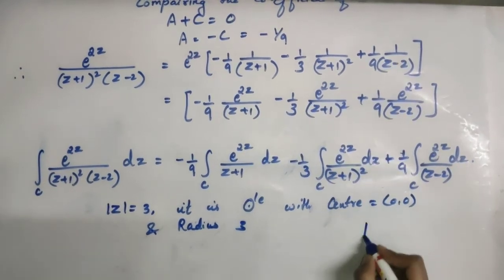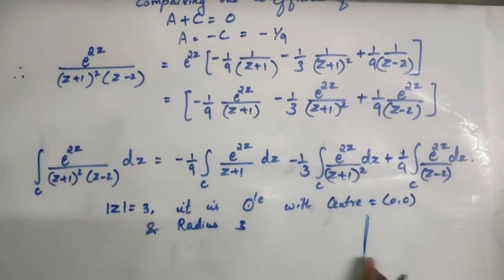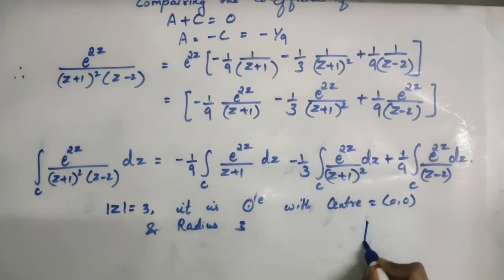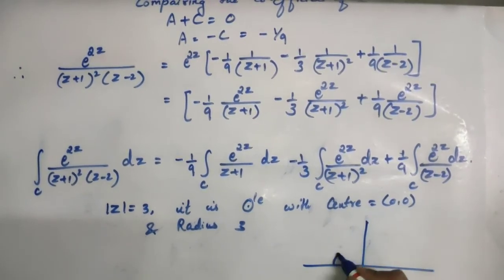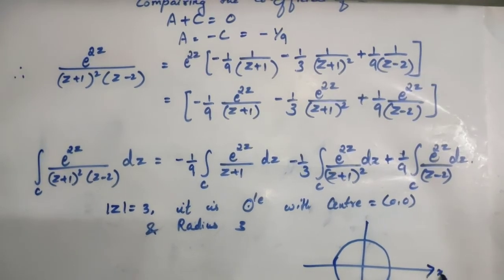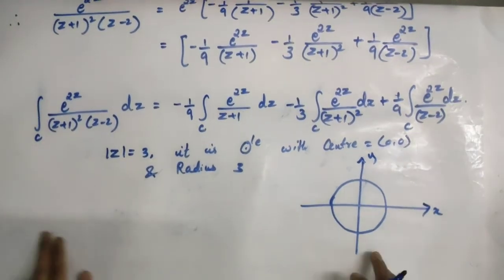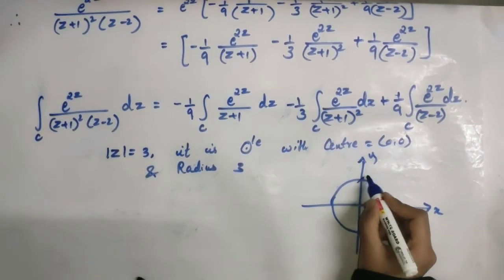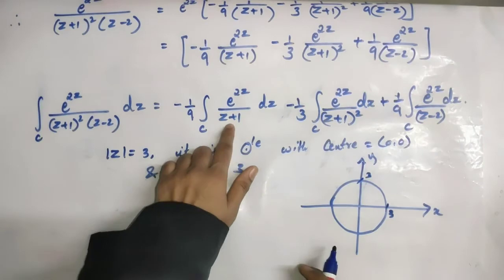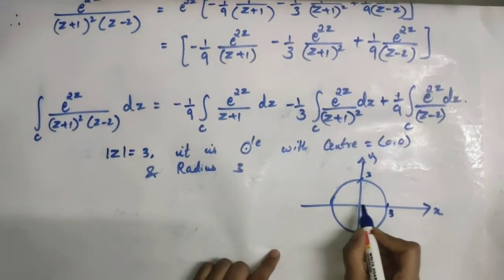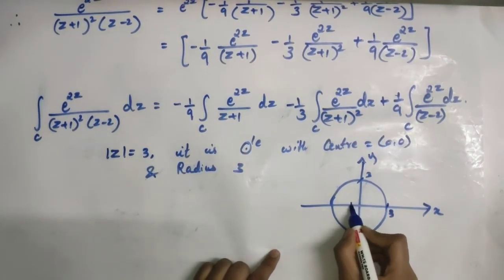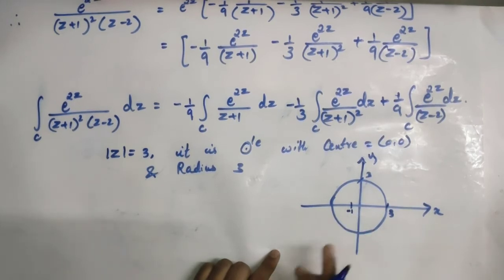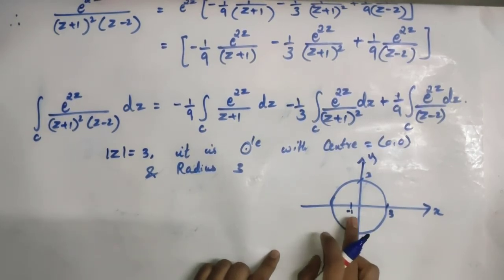Let me check where it comes. This is the x-axis, y-axis, and you have the circle |z| = 3. If the radius is 3, you will have 3 everywhere over here. The point z = -1 is on the negative x-axis, so minus 1 comes here.